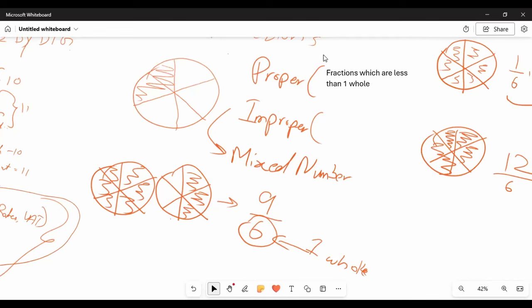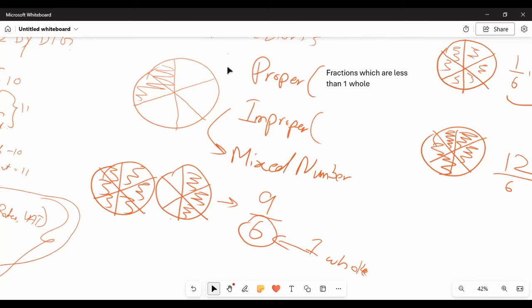Now, let's say I'm coming to you and I'm gonna say, Altaf had 9/6 of a pizza. If you know fractions properly, then you will understand. 9/6 means he's gonna have one whole pizza and three more pieces.